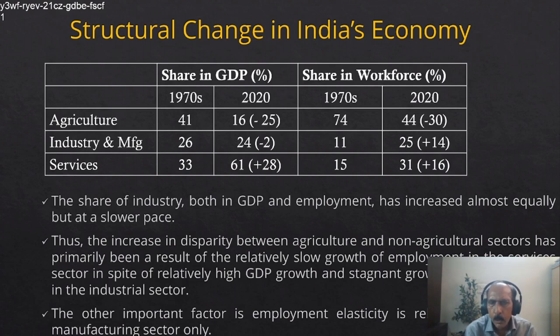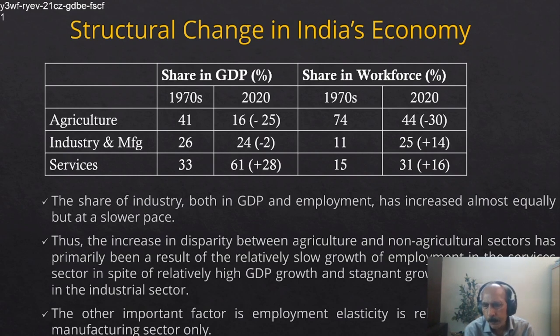The workforce released by agriculture has not been attracted towards industry and manufacturing. Rather, it has been attracted towards the unorganized or informal service sector in India's economy. As a result, the share of industry and manufacturing in GDP has increased, but their share has not increased commensurately as far as employment opportunities are concerned.